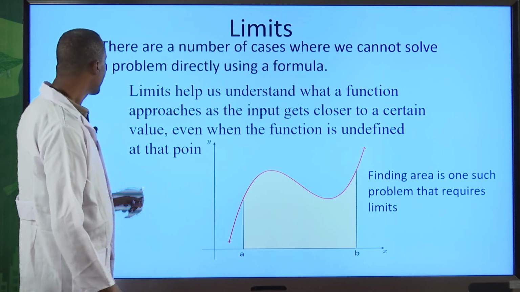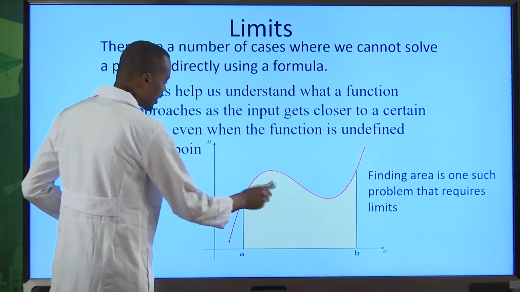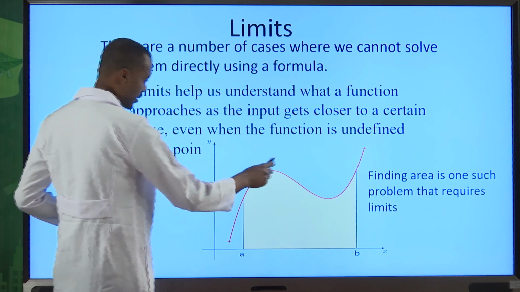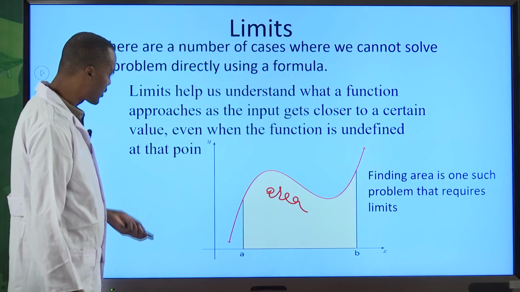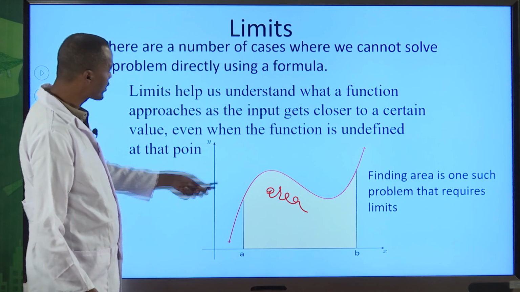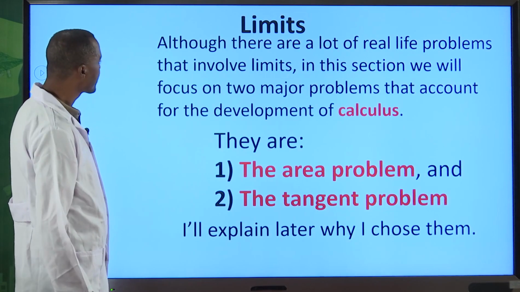So early mathematicians thought about how they could find the area under this kind of figure, for example, under this curve. If they want to find the area of this kind of irregular shaped region, they thought to split up the region into multiple rectangles, and that was one of the concepts upon which limit is based.